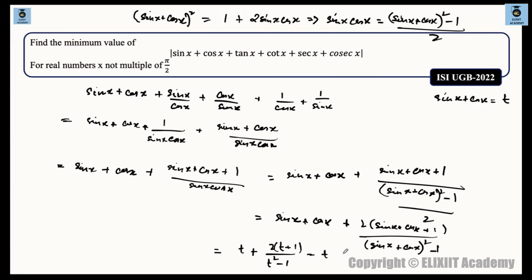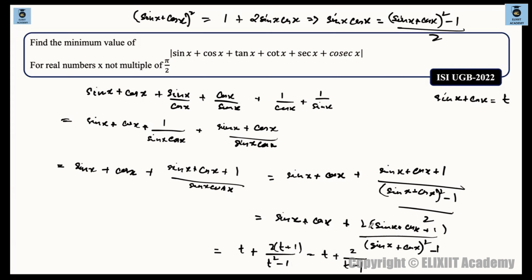So this will become t plus 2 times of t plus 1. Here we are having t square minus 1, so t plus 1 times of t minus 1. So t plus 1 cancels out. So we will be having 2 upon t minus 1. चलो, फाइनल में जाके we are having t plus 2 upon t minus 1. This is our final expression.